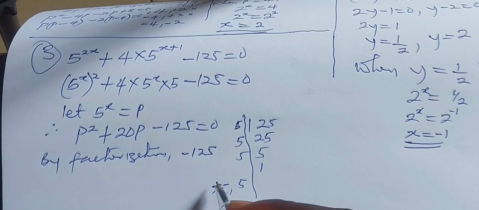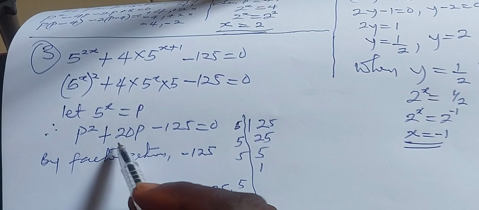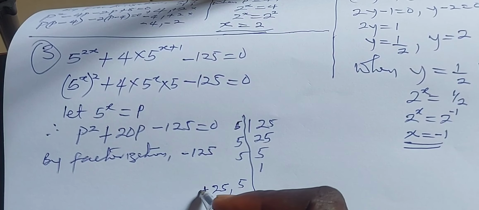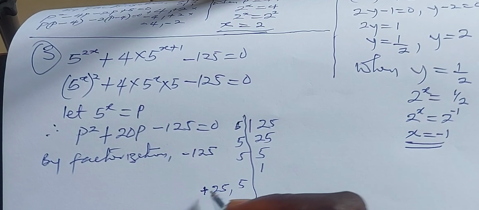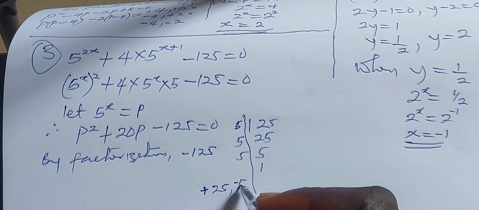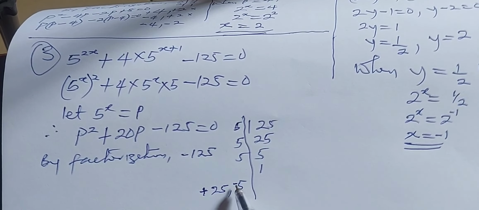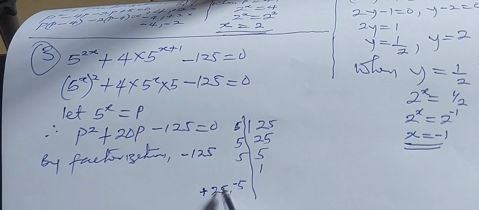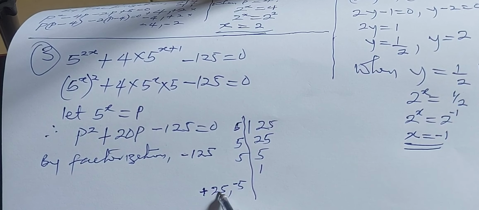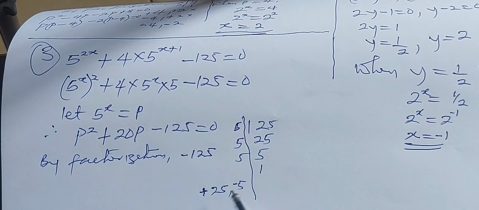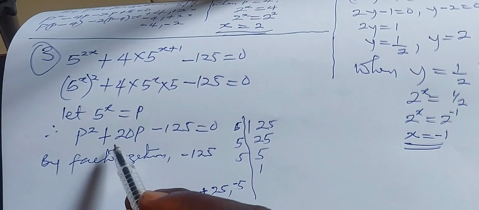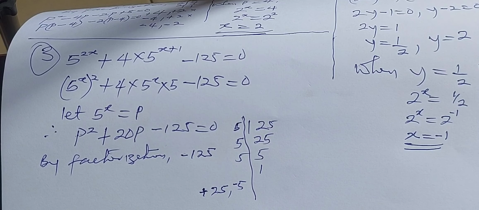Because you have plus 20, always add plus in front of the higher number and minus in front of the lesser one, because once you multiply these, minus times plus gives minus. 25 times 5 gives 125, and plus 25 minus 5 gives plus 20. And that solves your problem.